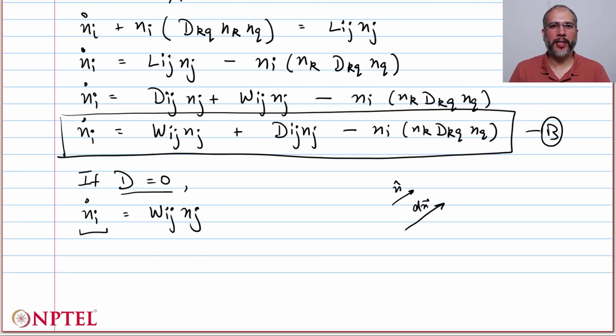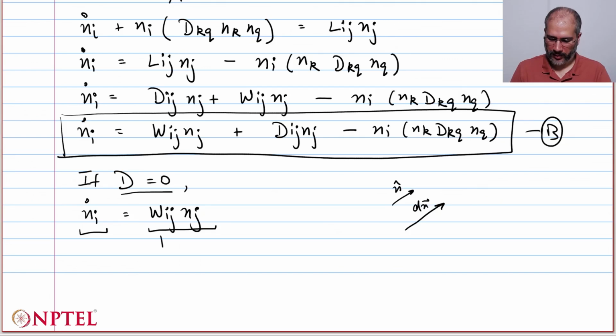Now in this case, as we showed, when d is 0, it's a pure rotation case anyway. So the whole small dx vector rotates, and the information about this rate of rotation is coming purely from this w. So I can conclude that since in this case we have a rigid body rotation, the rate of rotation of the vector is given as wij nj.